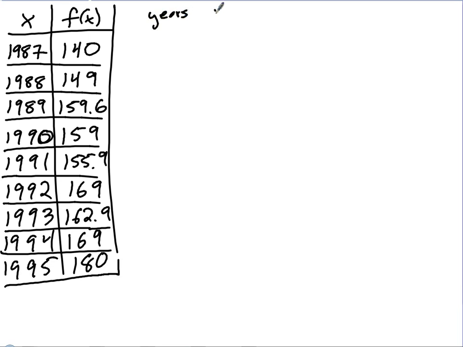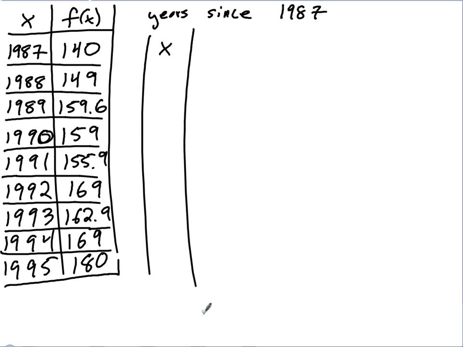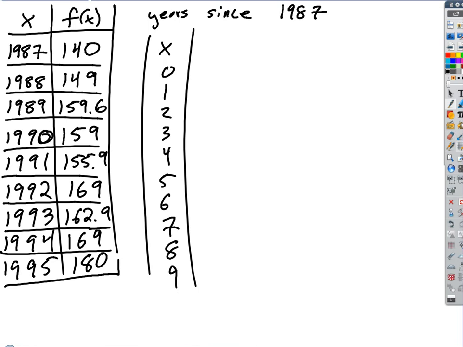Okay, so instead, let's use years since 1987, and that's going to be our x value. It's just going to become 0, 1, 2, 3, 4, 5, 6, 7, 8. Wait, that's 0 though, so it's 8.